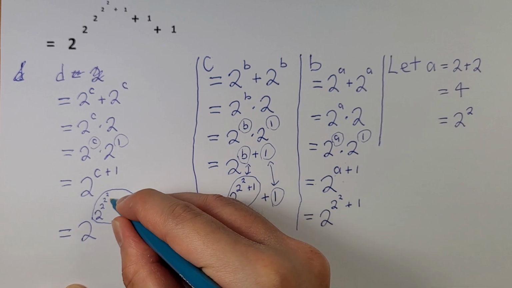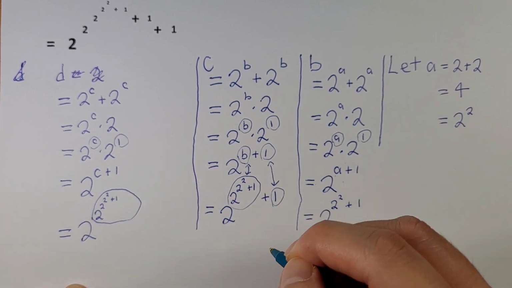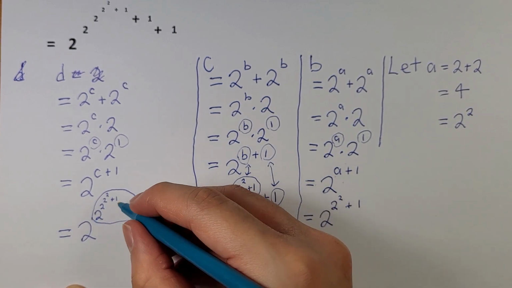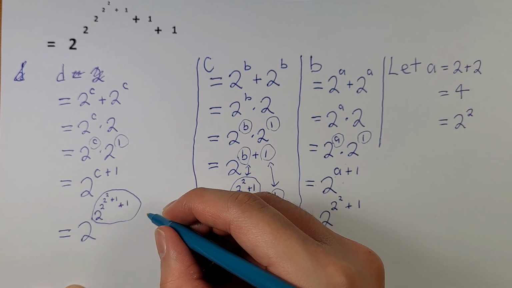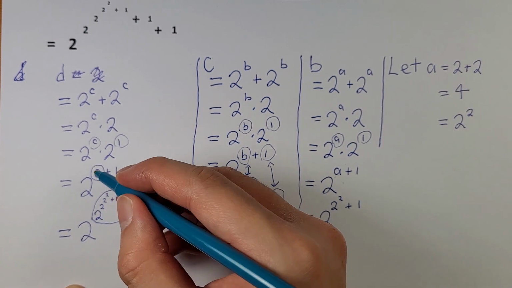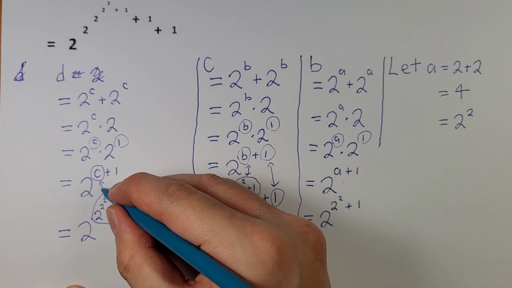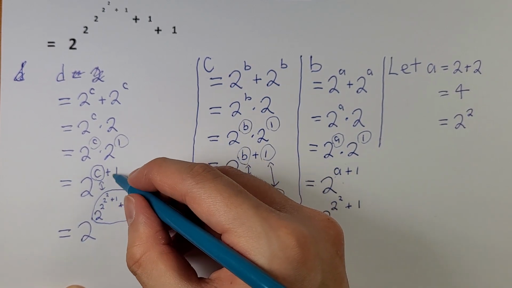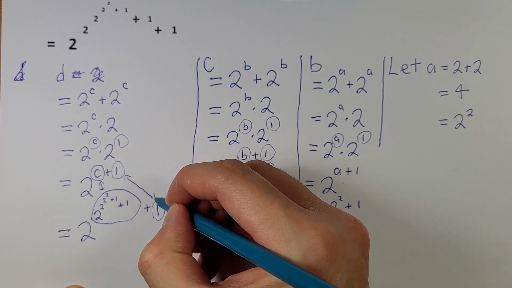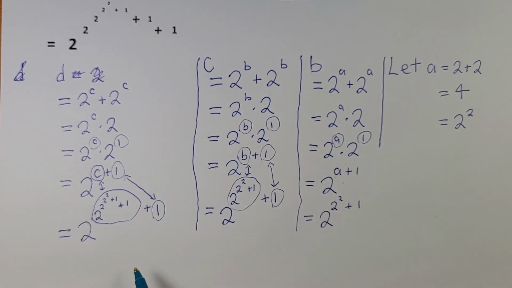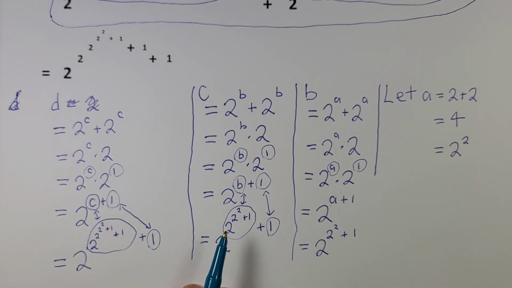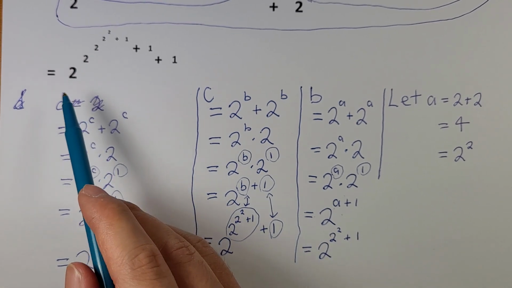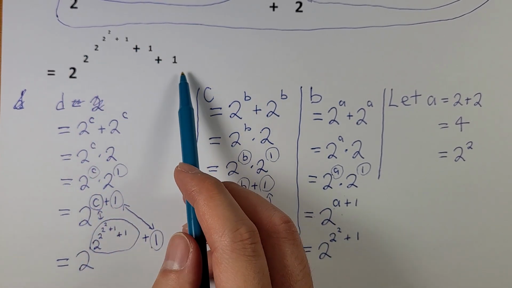It'll be a little hard to see, but a lot of these power towers are like this. And this is what this number is. And then I'm going to add a 1 at the end here. What you notice here is that what d equals is the same as this expression over here.